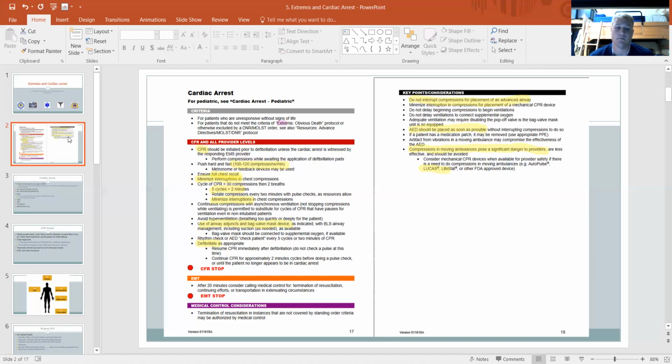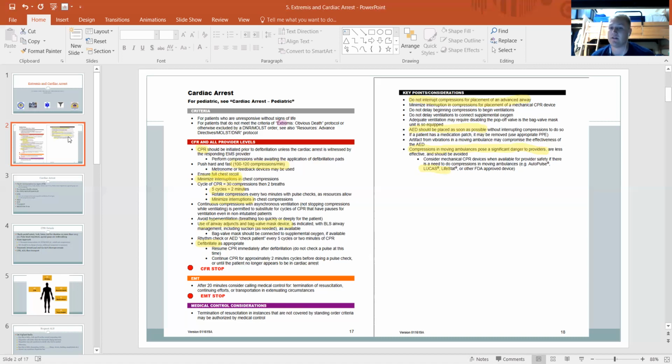In addition, for all cardiac arrests, ALS should be notified and requested. For a normal cardiac arrest, wait for ALS to arrive before initiating transport. That way they can get set up and get everything they need to get done before you leave.